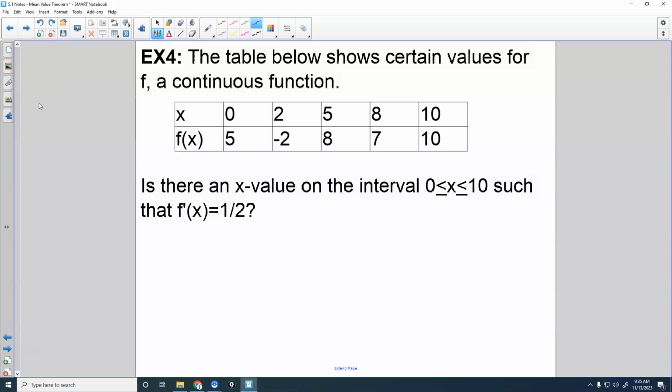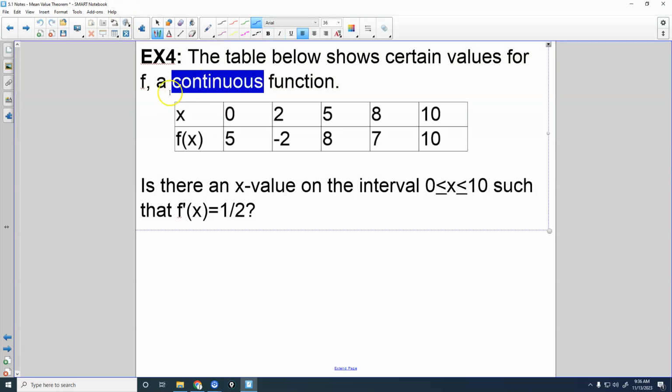Okay, so the table below shows certain values for f, a continuous function. I think I need to change, I think that has to be differentiable. Yeah, it does. That has to be differentiable.